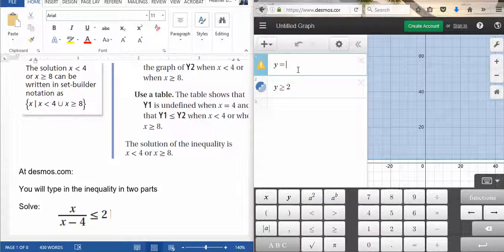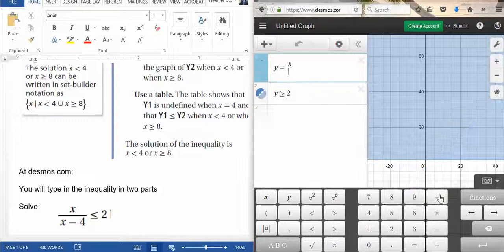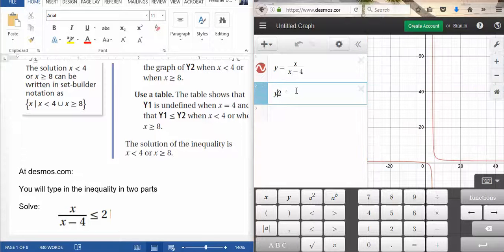So I'm going to graph the left side first, which would be x over x minus 4. And what we get is this, it's called a hyperbola, and this is supposed to be less than or equal to 2.